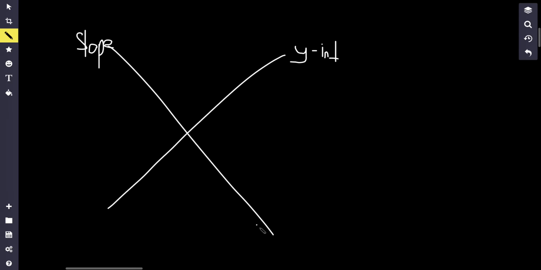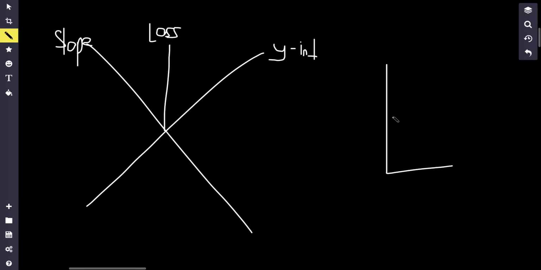Now, every combination of slope and y-intercept is going to lead to some type of model evaluation. So we can say that on this z-axis, which would represent the height of this function, that's our loss.